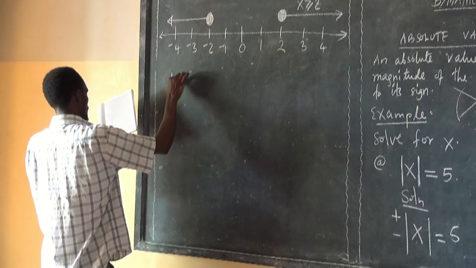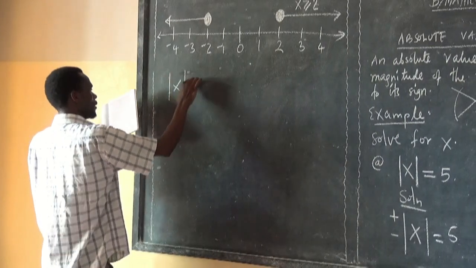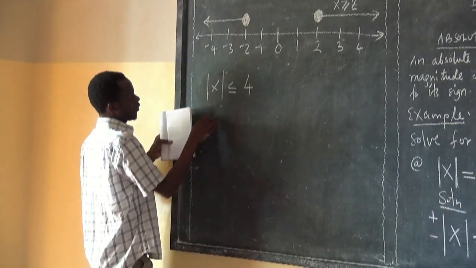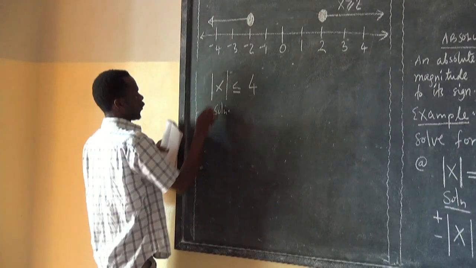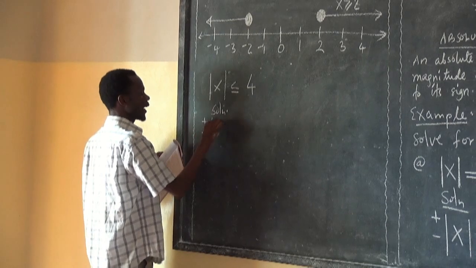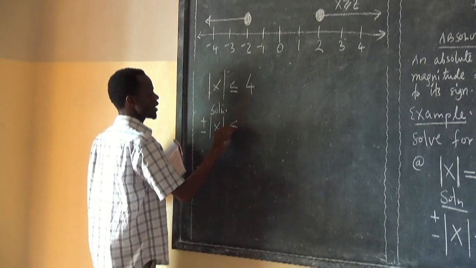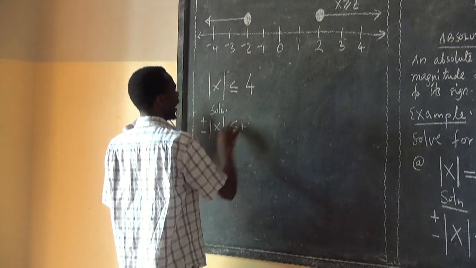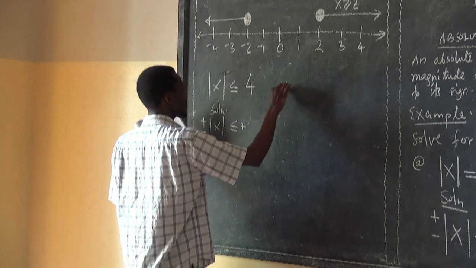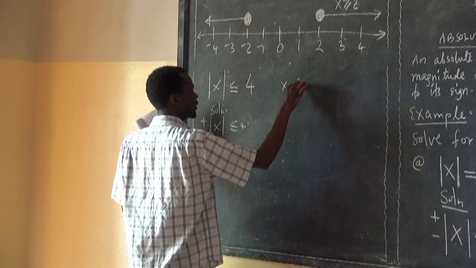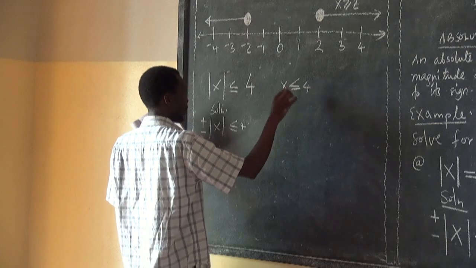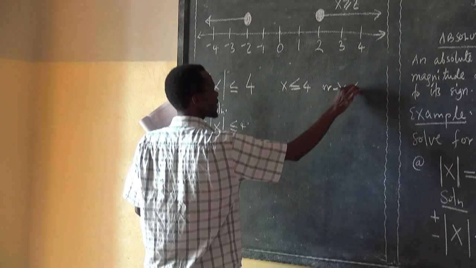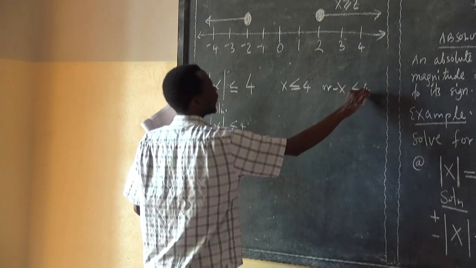We have this one. Absolute x is less than or equal to 4. Now, if we have positive or negative, x is less than or equal to 4, or negative x is less than or equal to 4.